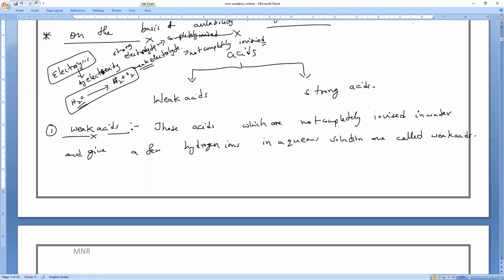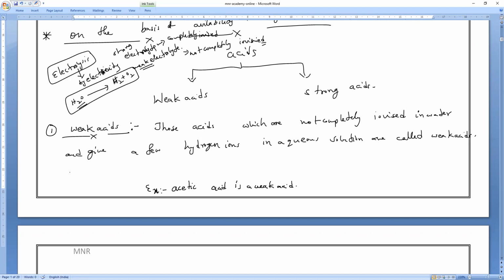If you take, for example, vinegar, what is the acid present in that? Acetic acid. Acetic acid is an example of a weak acid. Of course, we have so many. How do we increase the H plus ions?